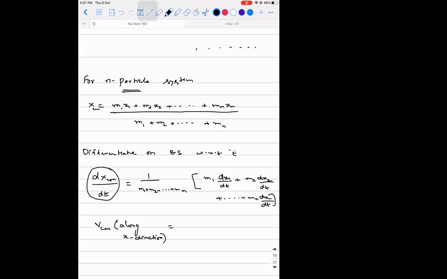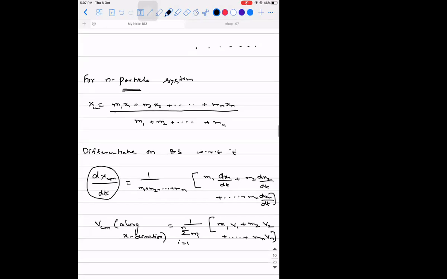So this will be equal to 1 by the sum of all the masses, sigma mi where i is equal to 1 to n, into m1 times the derivative of x1 with respect to t, which is nothing but v1, plus m2 times the derivative of x2 with respect to t, which is v2, plus so on, plus mn times the derivative of xn with respect to t, which is vn.